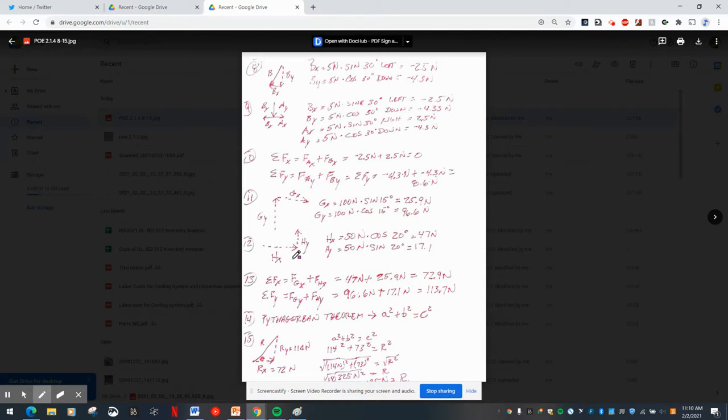Now here's H for number 12, and we have HX is equal to 50 newtons times the cosine of 20 degrees equals 47 newtons. And then HY right here is equal to 50 newtons times the sine of 20 degrees equals 17.1.